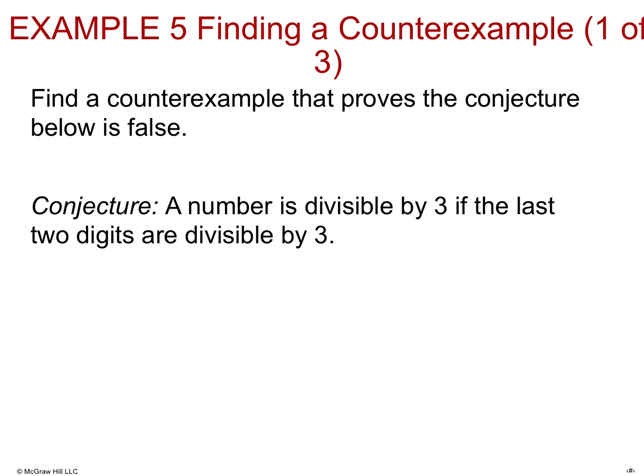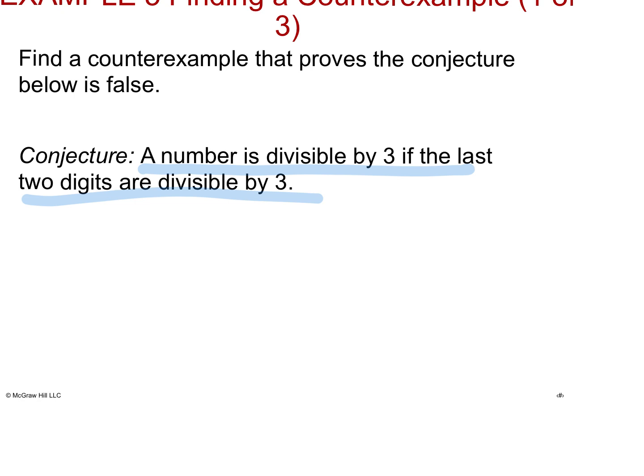Okay, so we are going to find a counterexample that proves that the following conjecture is false. It says a number is divisible by 3 if the last two digits are divisible by 3. We're going to try to disprove that. If you think about what it means to be divisible by 3, that just means that you divide evenly by 3.